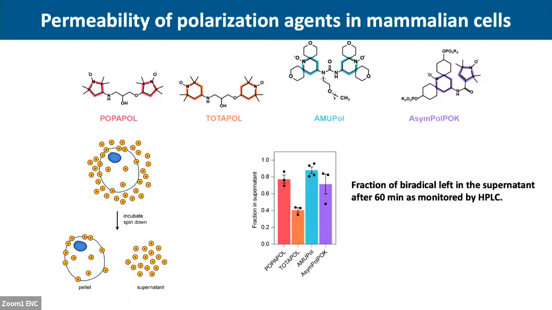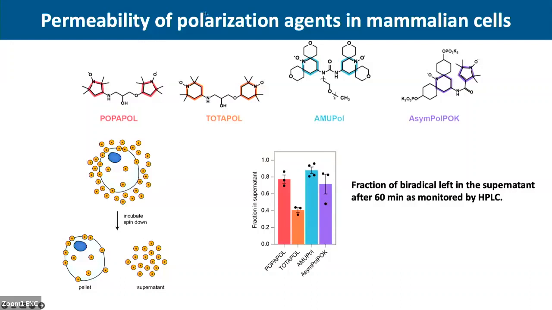So if the polarization agent got introduced into cells, then the concentration in the supernatant would be reduced. And we actually did this experiment by HPLC rather than EPR because we want to deconvolute uptake of the polarization agent versus reduction by cells.